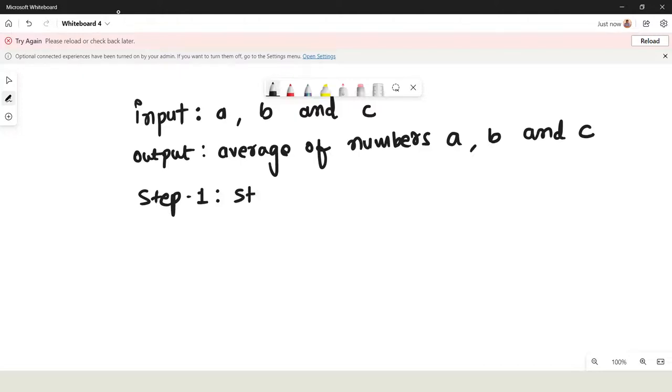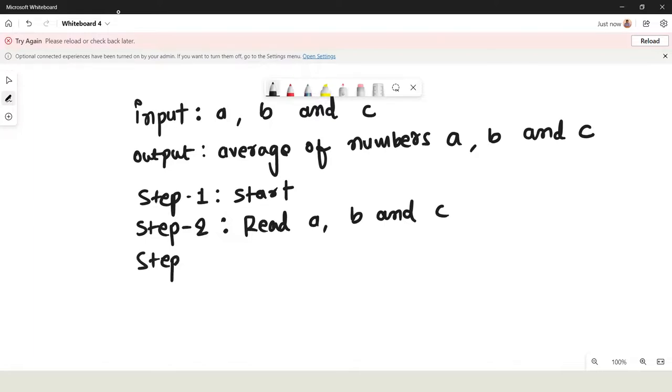Step 1, always start. Step 2, read, or either you can write input A, B and C. A, B and C, these are three numbers.